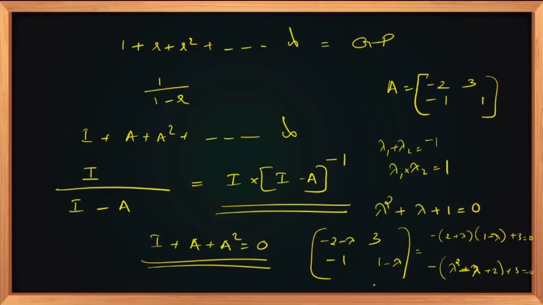So that is lambda square minus lambda minus 1 equal to 0. Okay, I think Cayley-Hamilton theorem will be. Have you done it using Cayley-Hamilton theorem, Madhav? I don't know how we can proceed with this.